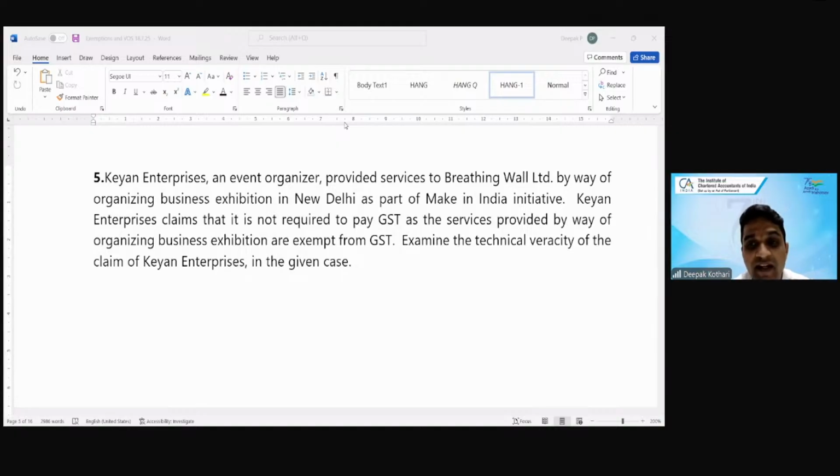Wrong answer ईशान. मेक इन इंडिया के लिए कुछ एग्जेम्पशन है आपके हिसाब से? Right. MA, correct answer. Got it. Reasoning दीजिए क्या है फिर? Right, Lalisha.